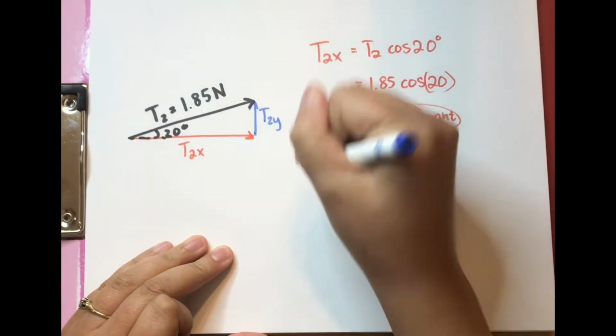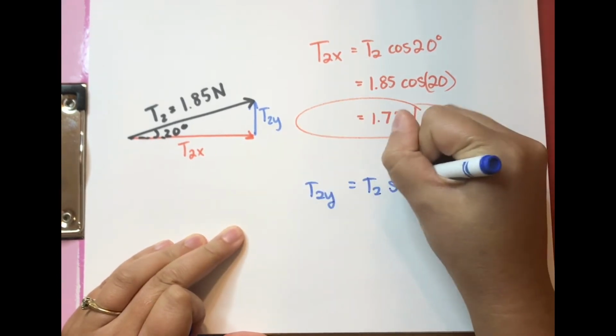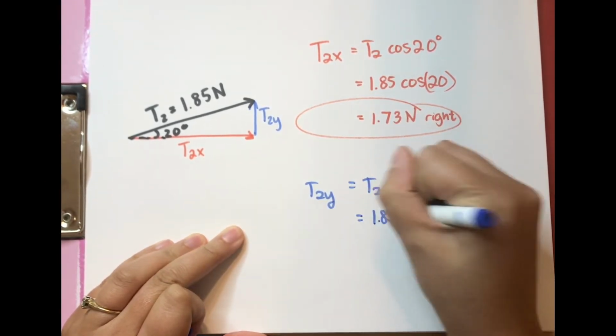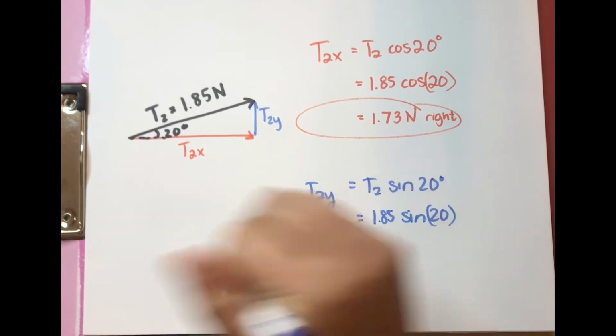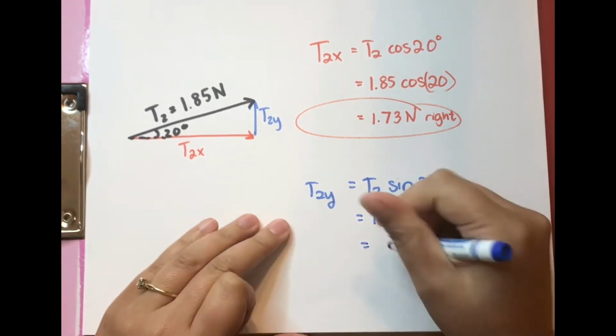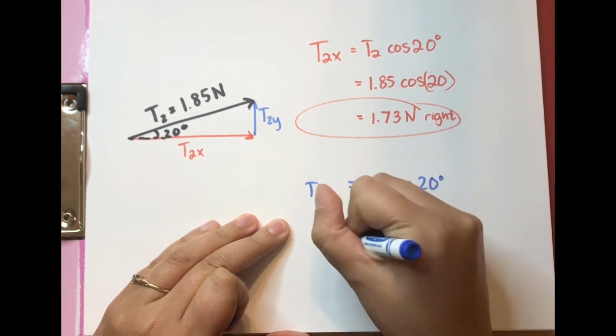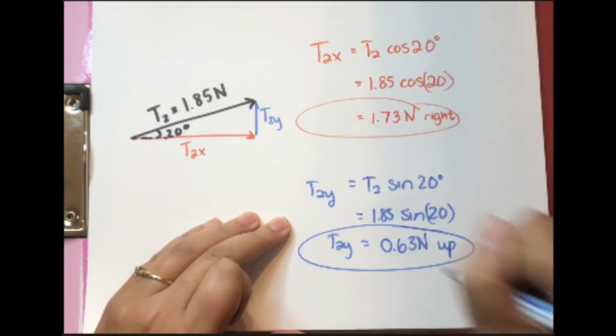T2y then would be T2 sine 20, or in this case 1.85 sine 20. And that's really small. Because it's a low angle, it only is going to take some of the weight. T2 is not going to be really helpful in holding up the weight of this unknown object.